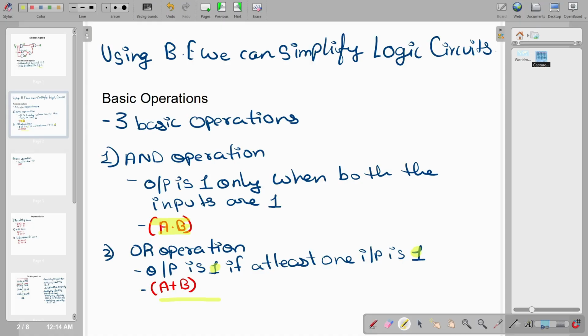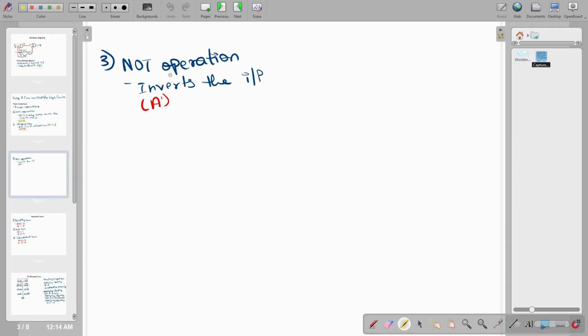The output will be in the format A plus B. And coming to the NOT operation, it just flips the input. If the input is 0, the output becomes 1, and if the input is 1, the output becomes 0. The answer will be A bar, or you can also call it the inverse of A.